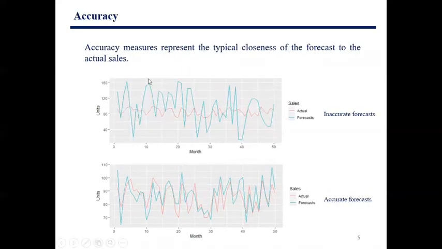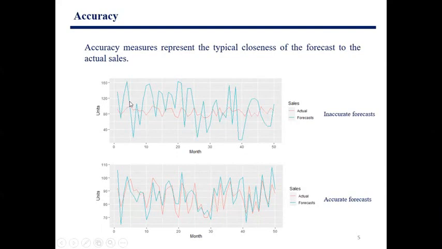For accuracy, accuracy represents the typical closeness of the forecast to the actual sales. Here, for example, you see in the red line the actual sales, and in the blue line the forecast. You can see that the forecasts are far from the sales. There is a difference between the forecast and the sales.